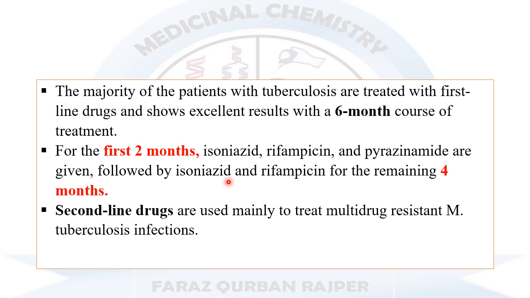For the first 2 months, mainly isoniazid, rifampicin, and pyrazinamide are used, and in the remaining 4 months, isoniazid and rifampicin are used. The second line drugs are mainly used for the treatment of those TB patients who are multi-drug resistant, meaning in whom the different drugs have become resistant.